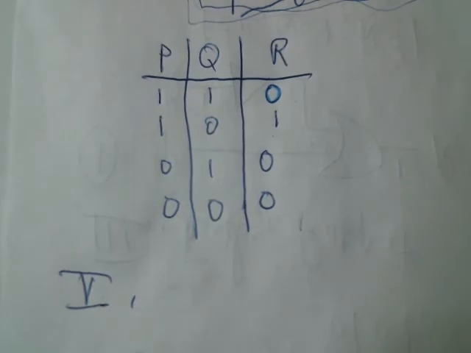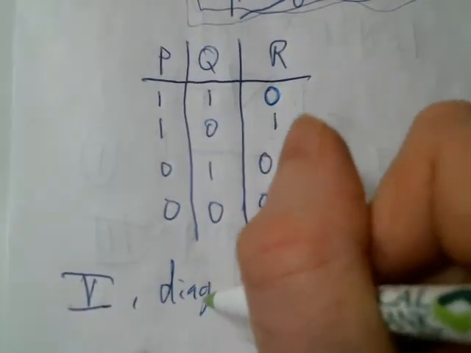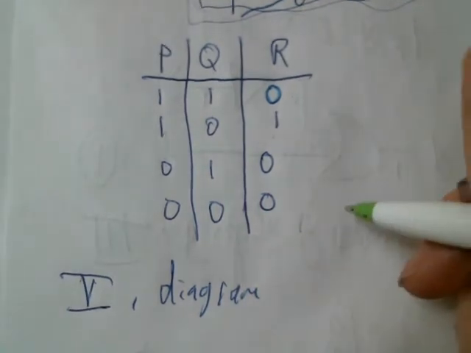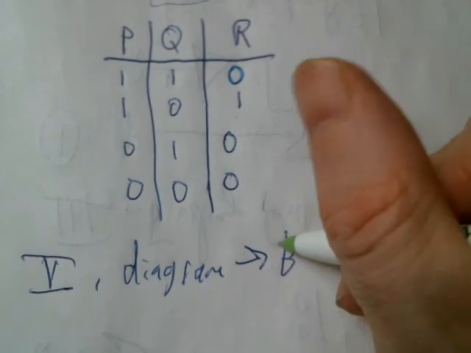Okay, so in particular, we want to look at 2.4.3 Part A. And this time what we're doing is going from a diagram into the Boolean expression.